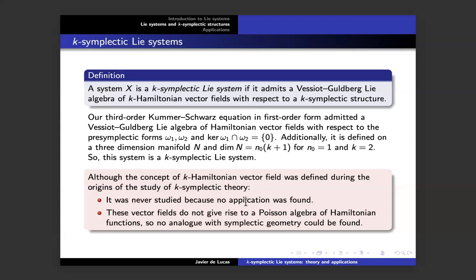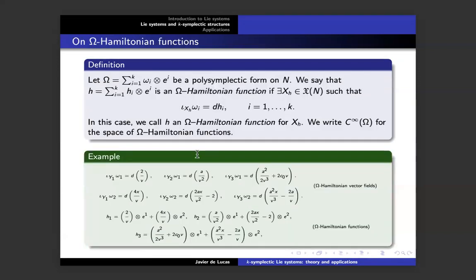I mean, every k-Hamiltonian function is a function taking values in R^k. So for every Hamiltonian vector field relative to a k-symplectic structure, you will have k functions. So there was no rational way, no good way to make a bracket with that, and it was absolutely not a Poisson one. So people didn't know how to deal with it.